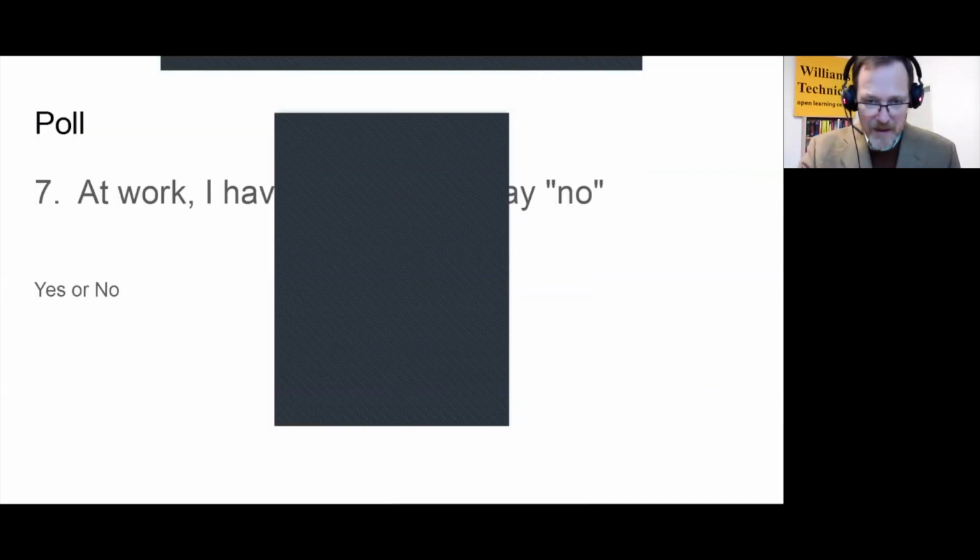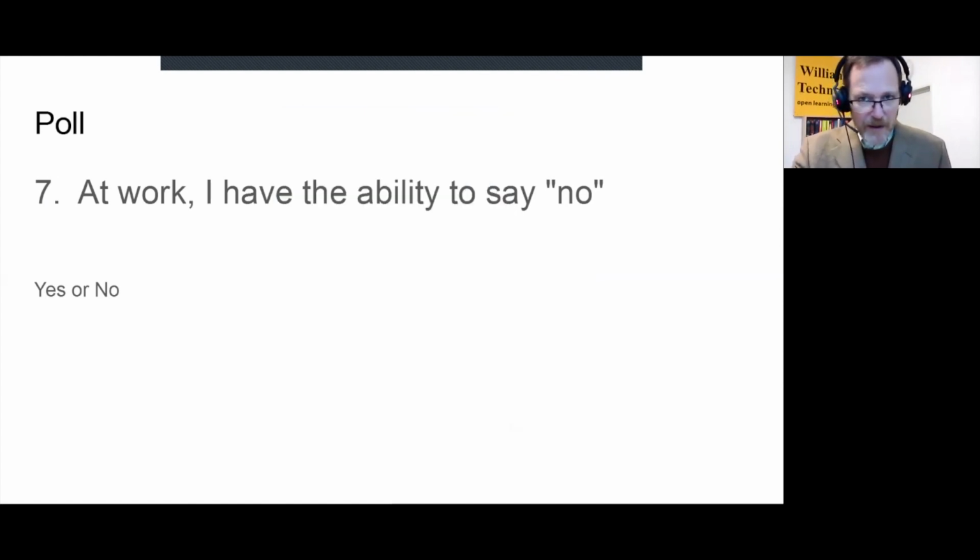And again, this is really encouraging to see that we have here a majority of participants who can say no. And I would say that in many ways, this is of crucial importance because if you cannot say no at work, then you're not an employee, you're not a colleague, you're not a teammate, you're a slave, right?